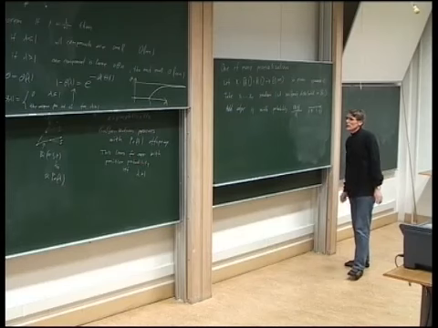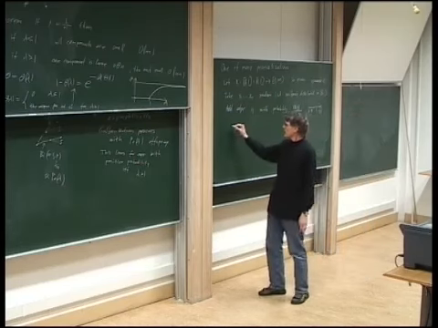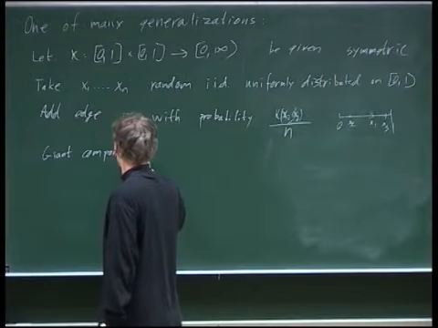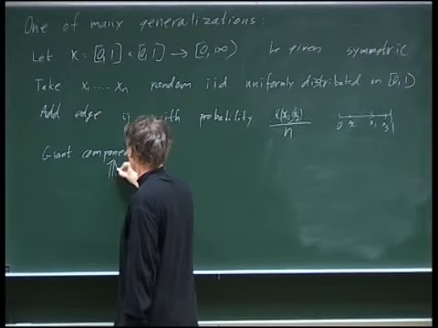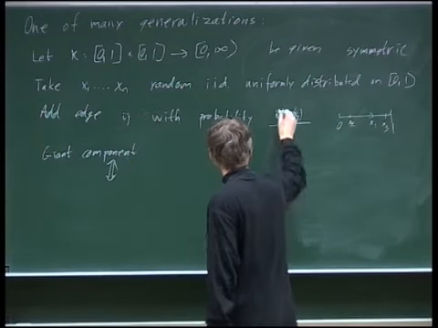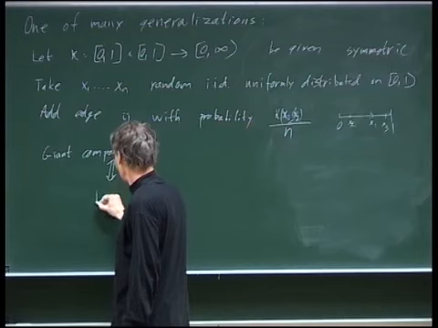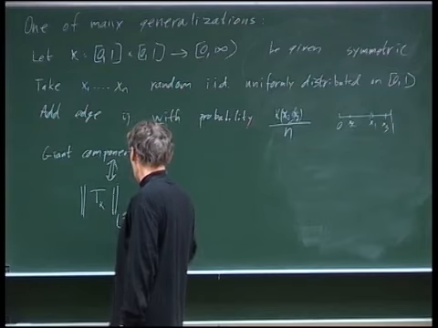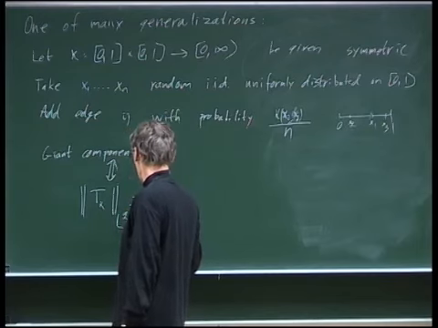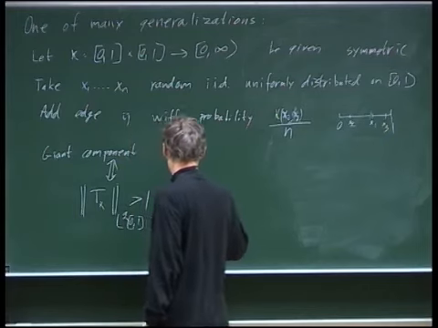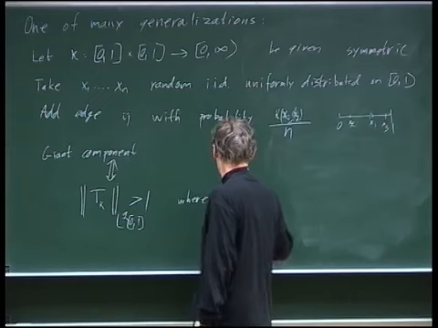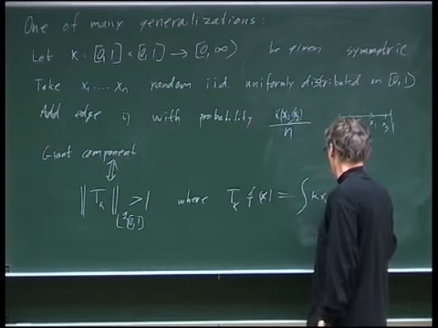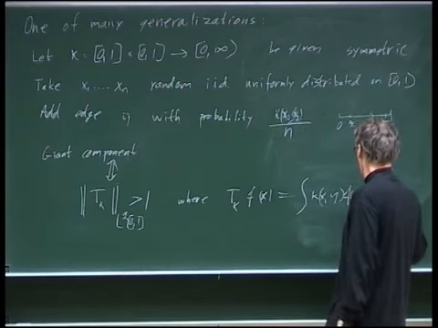And the result here is that we have a giant component if and only if a certain integral operator with this kernel kappa, say T of kappa, has norm as an operator on L2 greater than 1, where T kappa f of x is the integral of kappa x y f y dy.